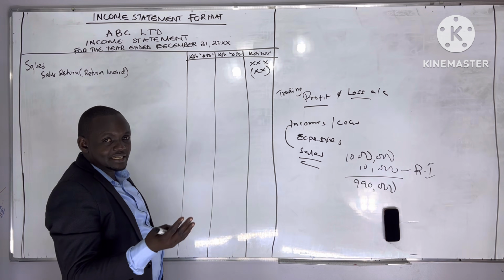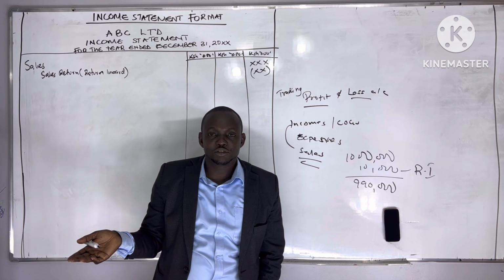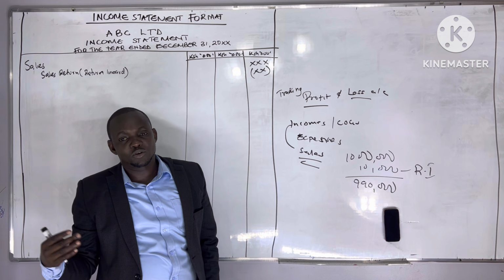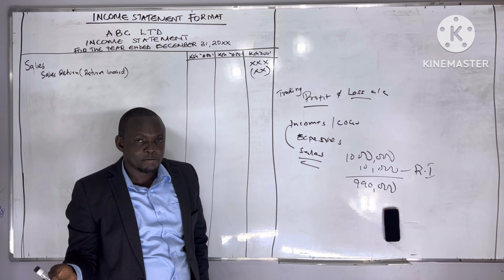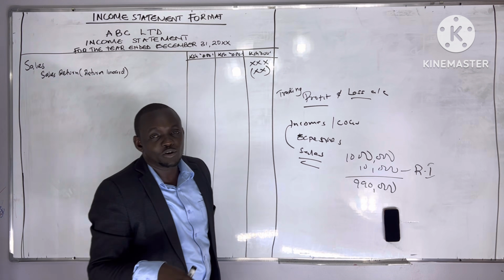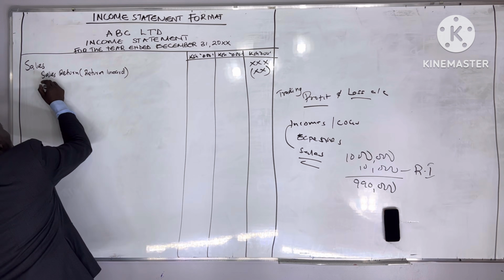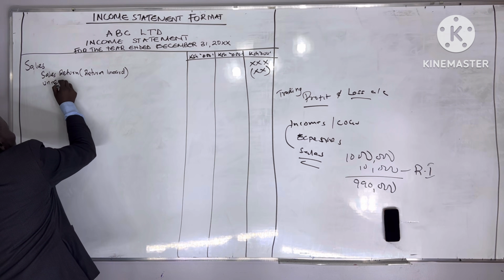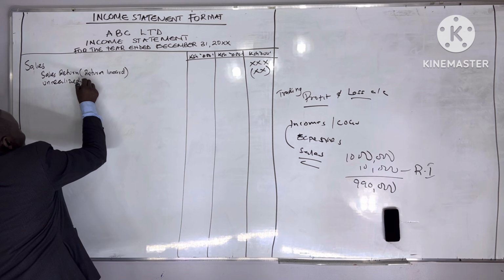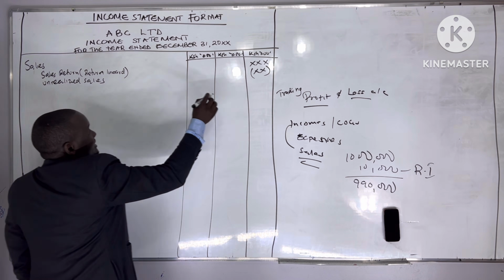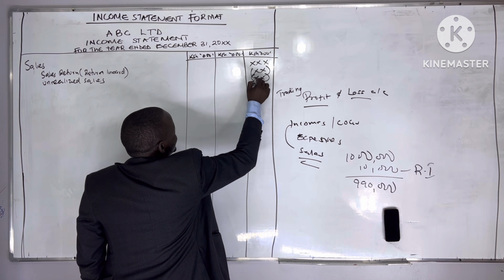Sometimes customers might have ordered goods, and the order has not been confirmed by the end of the year. The orders that have not been confirmed, we call them unrealized sales. So we shall also minus unrealized sales. The orders the customers have placed, but they have not yet confirmed.